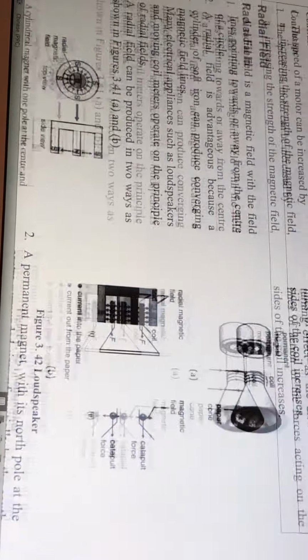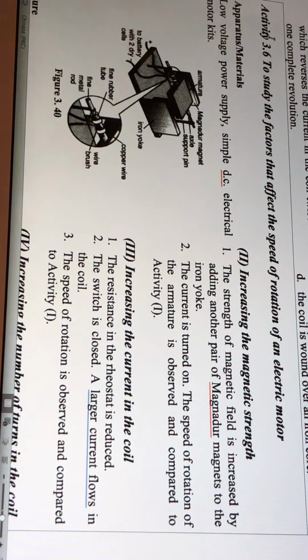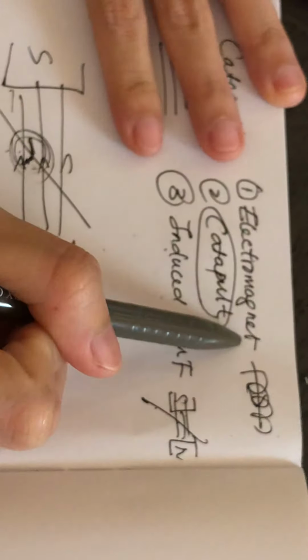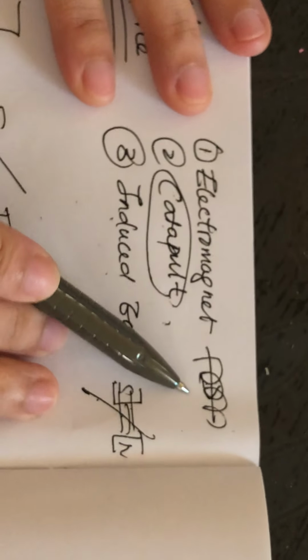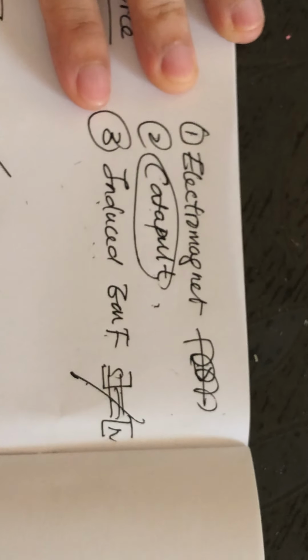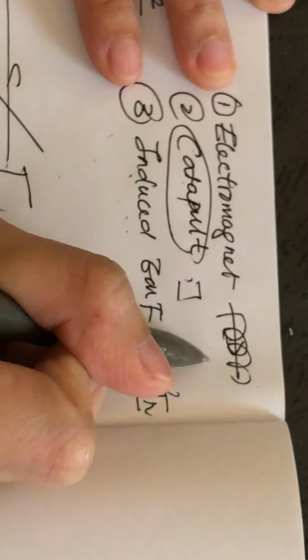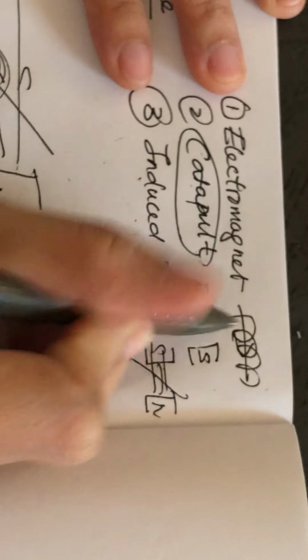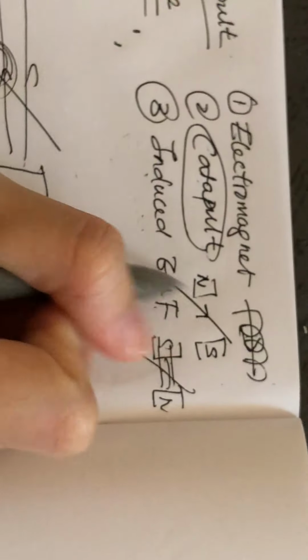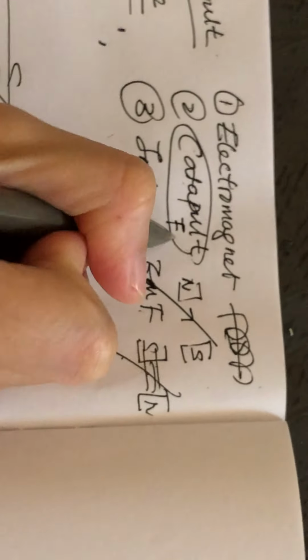It is easier if you understand electromagnet and EMF. Now, overall, what you have to know: an electromagnet, when there is current, there is magnet. Induced EMF, when you disturb a magnet, you produce electric current. Catapult, when you combine a permanent magnet with North and South poles and a current-carrying conductor, it will produce a force. So catapult is a force.